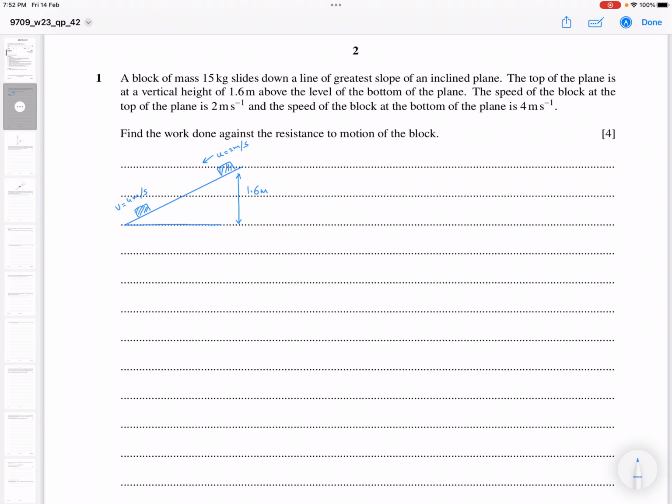So we will use the work energy principle, which says total work done equals increase in mechanical energy.